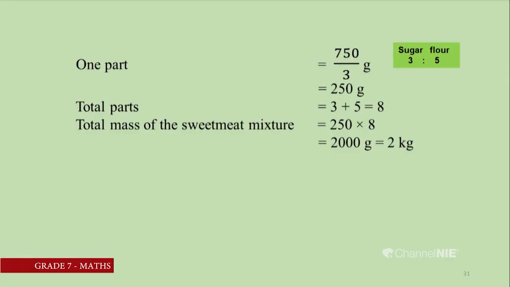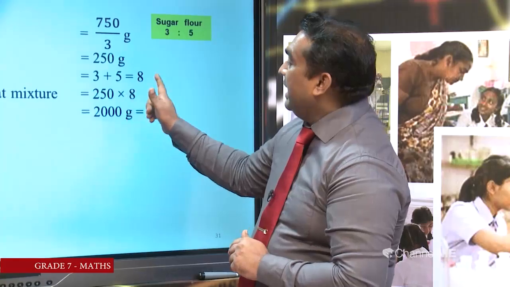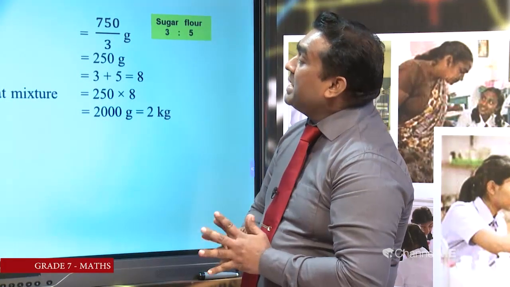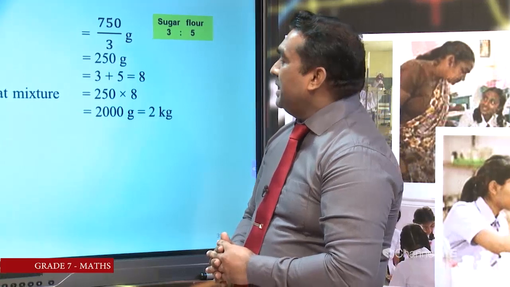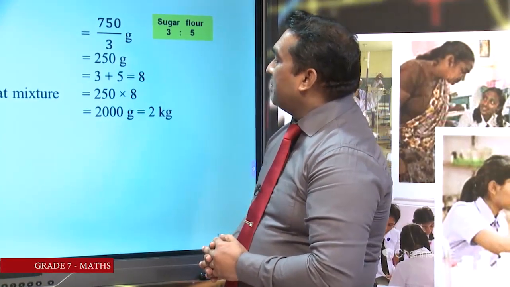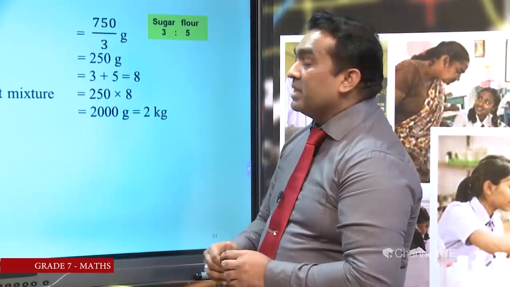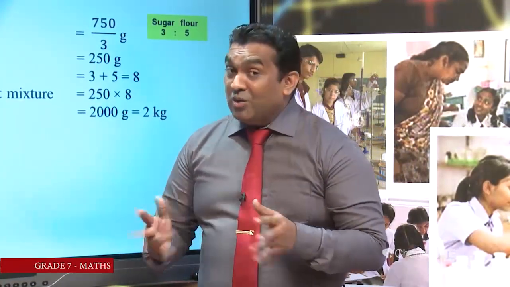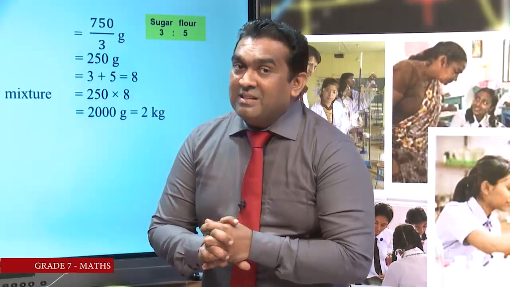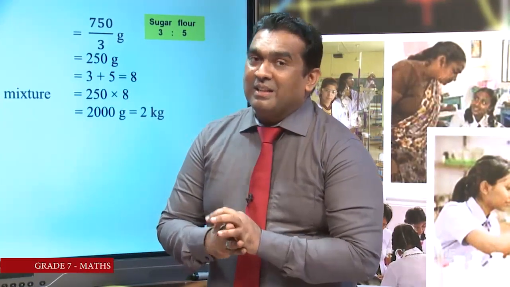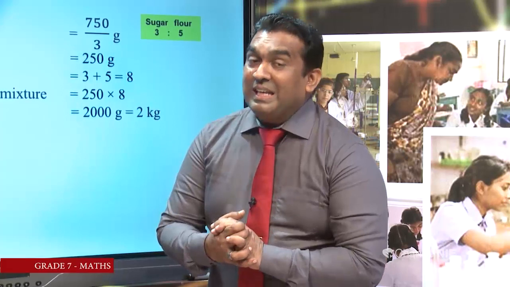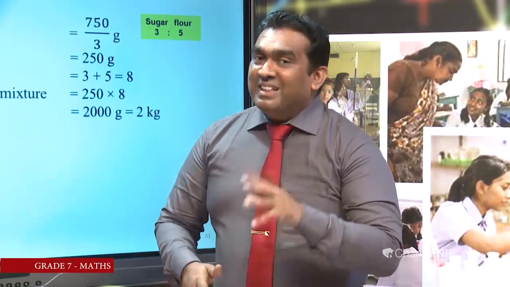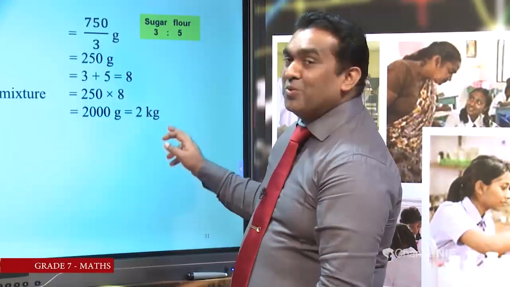Now, you know that the value of a part is 250. Total number of parts 8. Therefore, the total mass of the sweetmeat mixture is 250 multiplied by 8, 2000 grams. How to convert grams into kilograms? It should be divided by 1000. 2000 divided by 1000, then you have 2 kilograms.